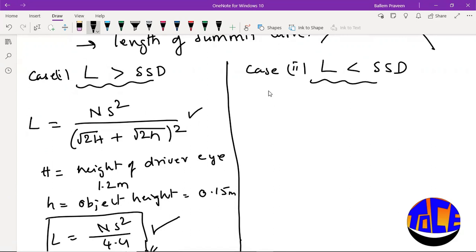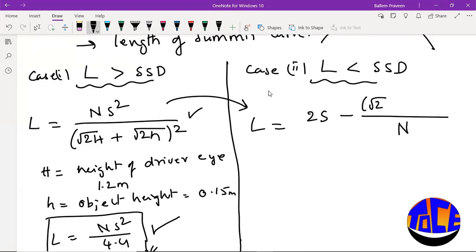For that, if you simply remember the previous formula, you can write this formula from it. See how: N S square is there, so S square I write as 2S, put a minus, and what is in the numerator I write in the denominator, and what is in the denominator I write in the numerator. So N goes to the denominator, and in the numerator the bracket 2H plus under root 2 small h, whole square.